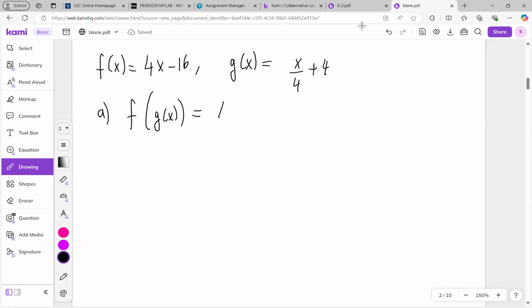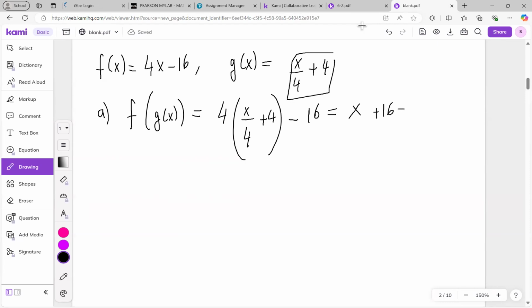The f function starts with 4, but instead of x, I need to plug in this whole thing, which is x over 4 plus 4, minus 16. So 4 times x over 4, the top 4 and the bottom 4 will cancel out, and I will just get x. And then 4 times 4 is 16, and then minus 16. These two will cancel out. So f of g of x is x.